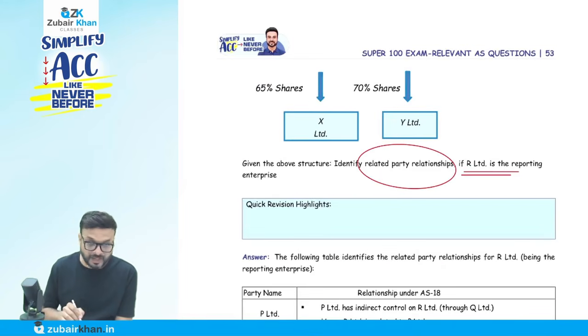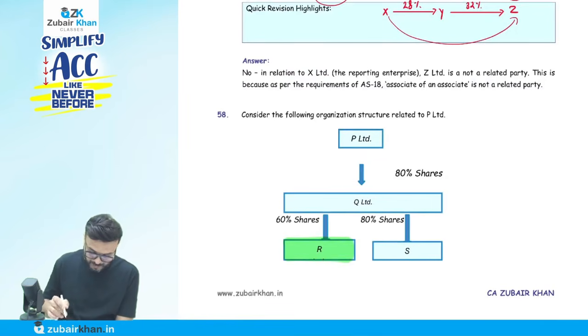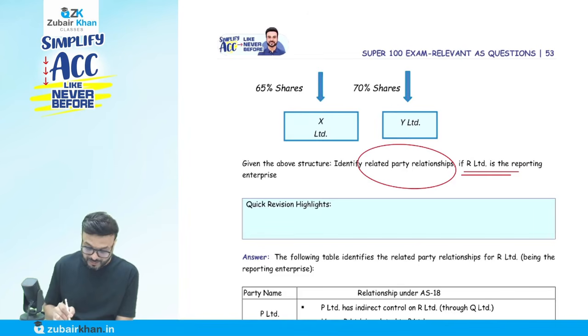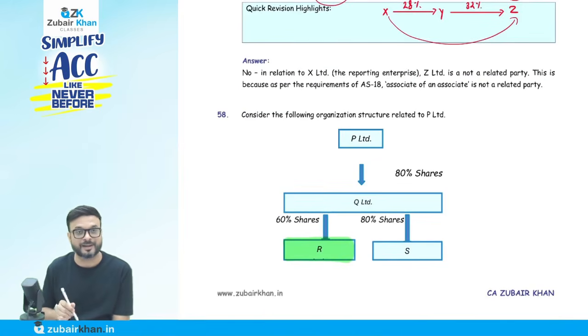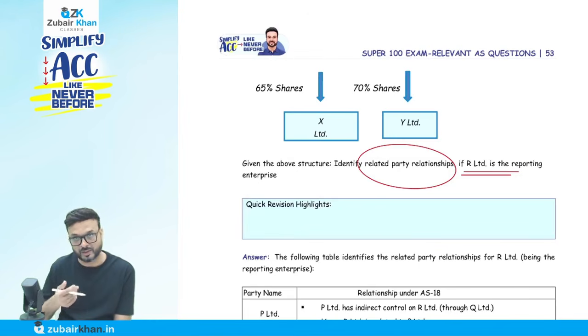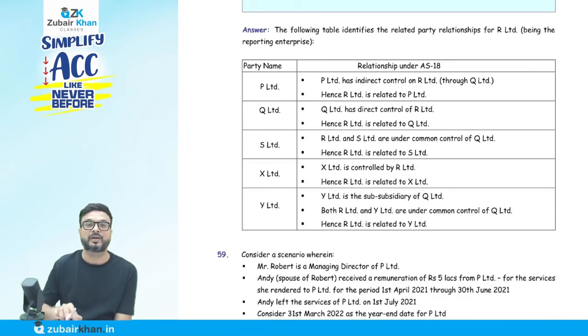Whether R and X are related parties? Yes, because they hold more than 50%, they have control. Whether R and Y are also related parties? Yes, because Y is a subsidiary of S Limited, and R and S Limited are related parties. So that's why R and Y are also related parties. From R's point of view, all are related parties.